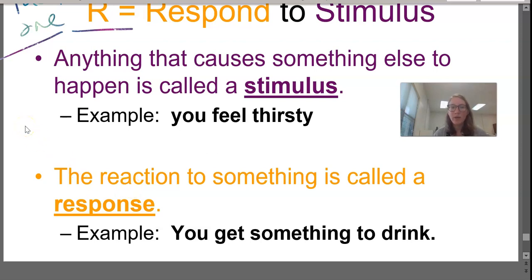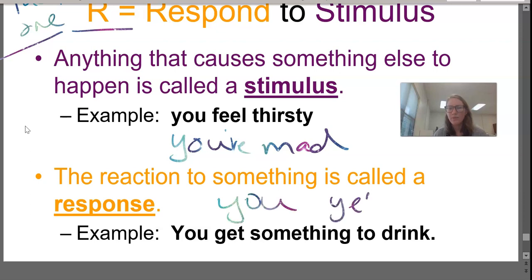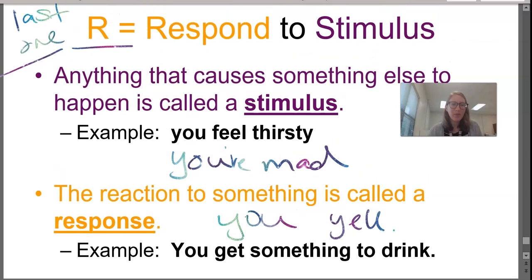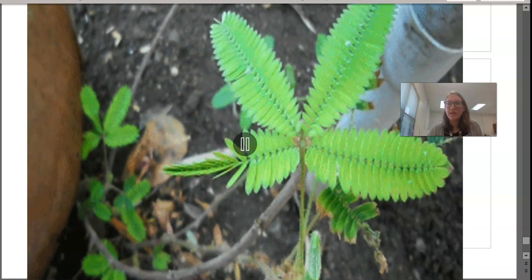Another example could be you're mad. That's the stimulus. Or maybe somebody hit you, so you get mad. So your response could be you yell. Hopefully you don't do anything more drastic than that. And then I'm going to end right here on this plant.